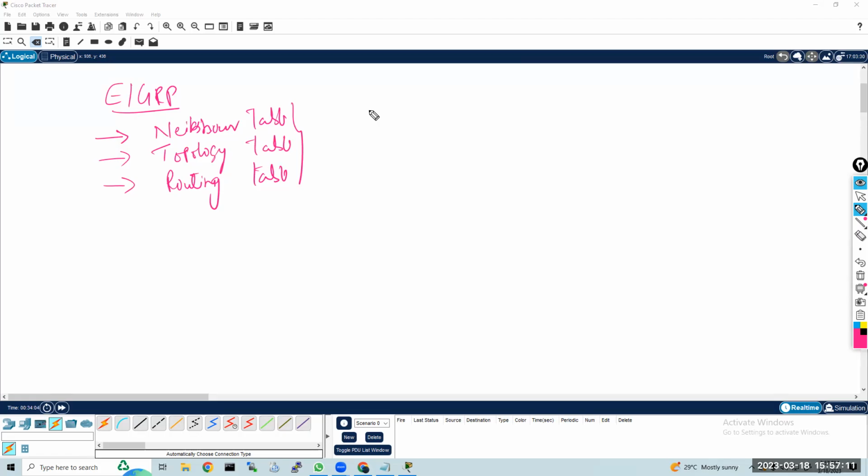What are the other parameters for EIGRP? By default, what does EIGRP calculate? Bandwidth and delay. By default it calculates bandwidth and delay.